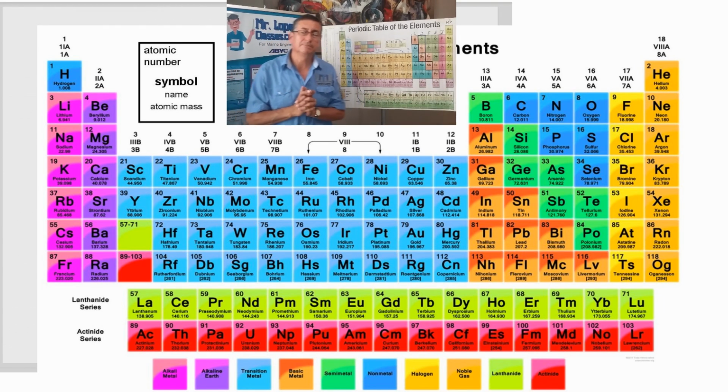Let me explain something. All the elements try to complete the last orbit. The maximum amount is 8 electrons in the last orbit. This is the Octet Rule. Let me explain what is the meaning of the Octet Rule.